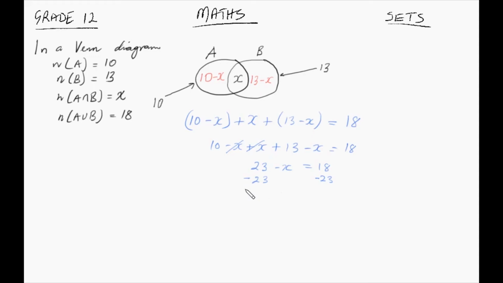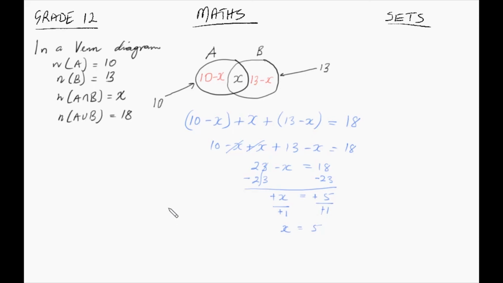We have minus x, because this and this is 0, equal to 18 minus 23, which is minus 5. So we divide by -1, so that this becomes positive. So our x is 5.